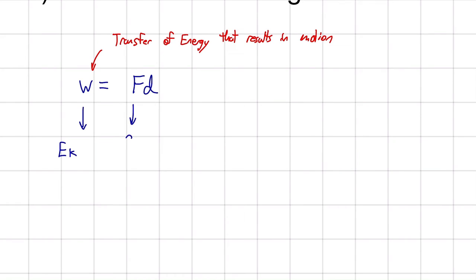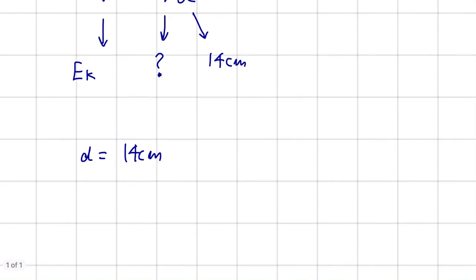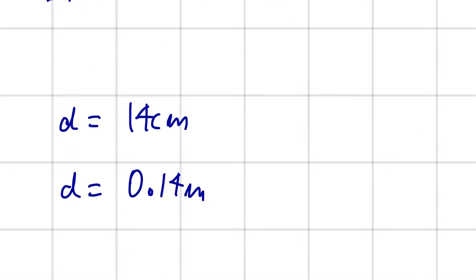The force is unknown, and the distance is our 14 centimeters. We want to work in SI units, so converting that to meters is 0.14 meters. I just moved the decimal back 2 spots to go from centimeters to meters.